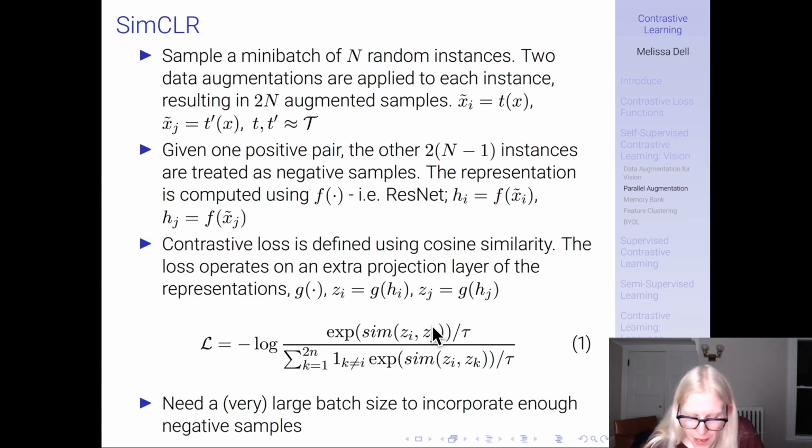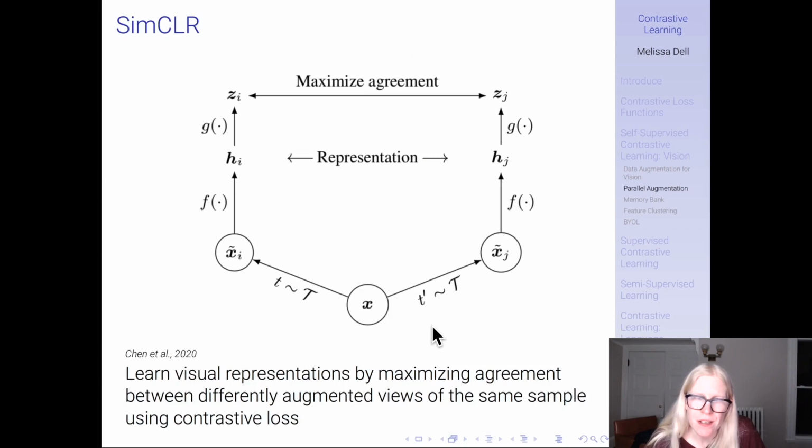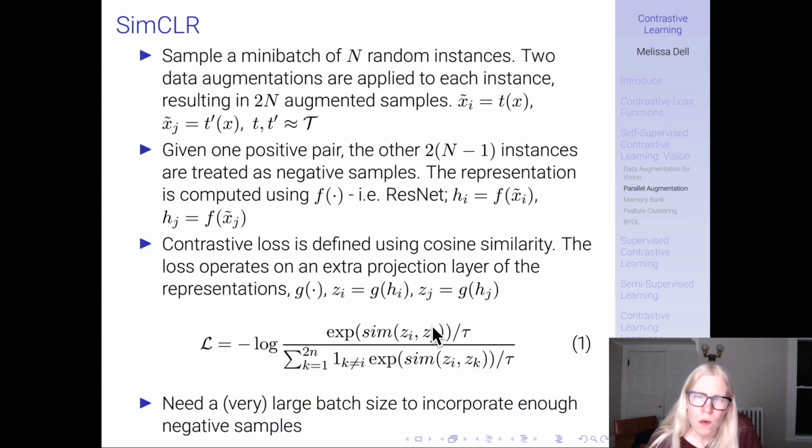And so just to go back and review this architecture, you have this F function on both sides, and this is symmetric. You have the same function on both sides, and you're passing through these different views of the same underlying image, and you want to maximize their agreement. Whereas for the negative pairs in the batch, you want to maximize their difference.